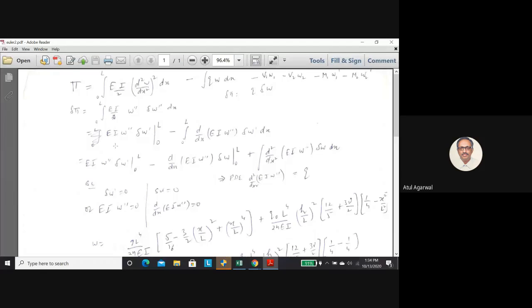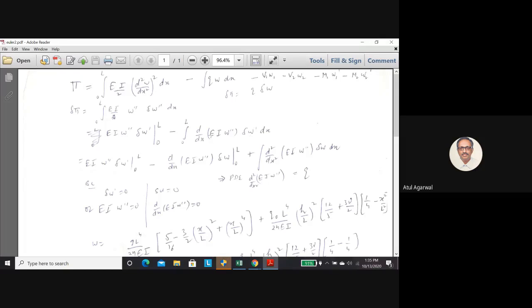So further you can write it as, if you integrate it, EI W double prime. This term, the first integral will be delta W prime from 0 to L minus, since you are doing integration by parts, you have to take the derivative of EI W double prime, d by dx, as such.